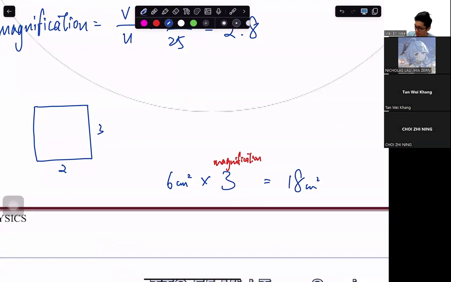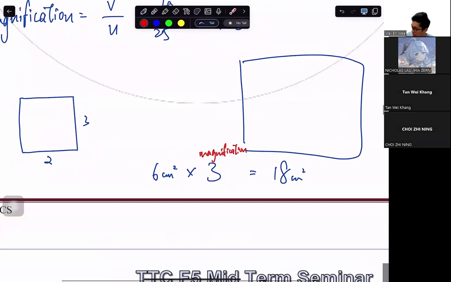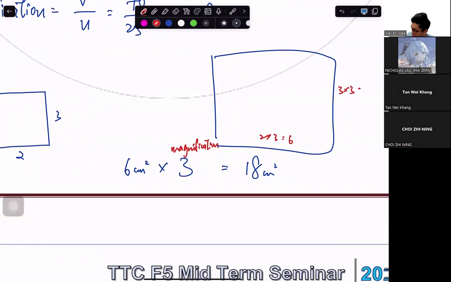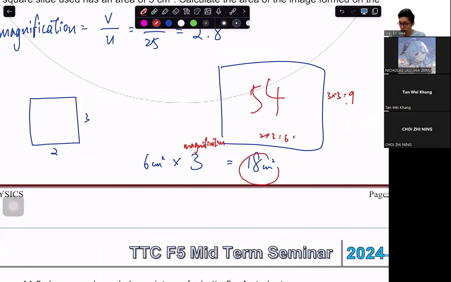But actually, the big screen is not 18, you know. Because here, it'll magnify by 3 times, which will be 6. And here, it'll also magnify by 3 times, which will be 9. So now it's 6 times 9, which is 54 instead of 18. Do you understand? Your magnification applies on both sides one. So you cannot just magnify once only. You have to magnify on both sides, which means you have to magnify 2 times 3 square.